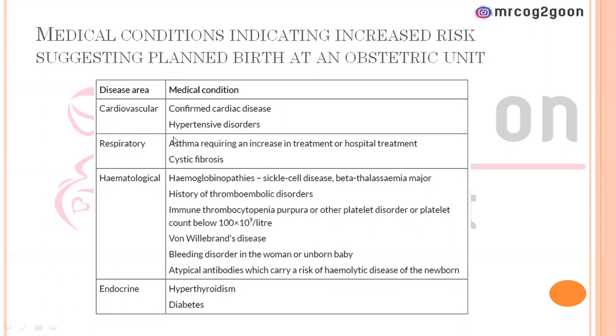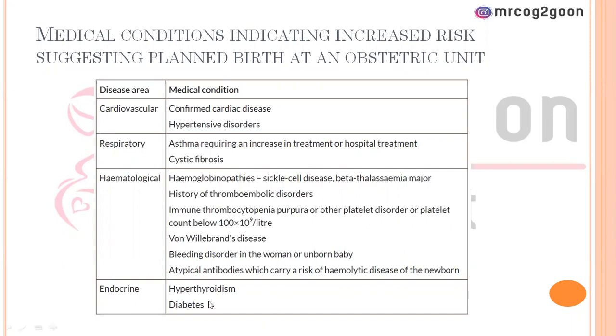You have confirmed cardiac disease, hypertensive disease, asthma, cystic fibrosis, hemoglobinopathies, because she has a higher tendency for bleeding, immune thrombocytopenia, also a higher risk for bleeding, and all the hematological causes.